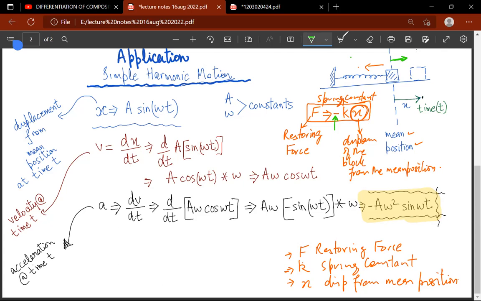What this implies is that if the displacement is positive, then the restoring force is negative. Is it making sense? And if the displacement is negative, the restoring force automatically becomes positive. Is it making sense?